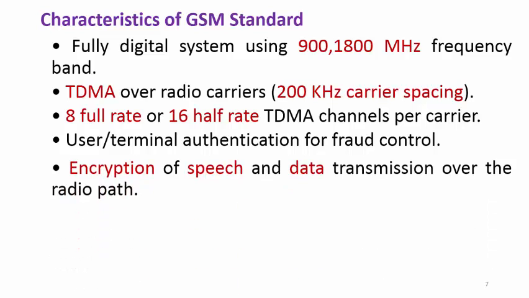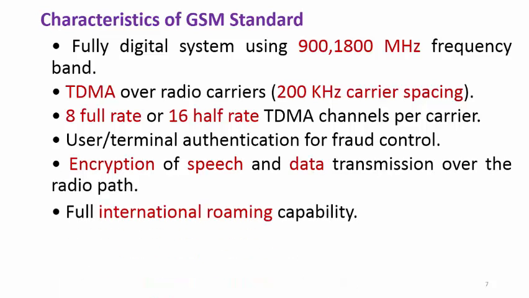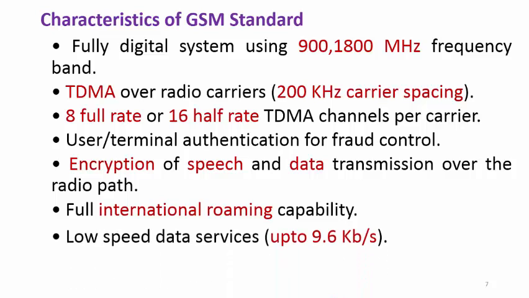User or terminal authentication for fraud control. This is an advantage of GSM. Encryption of speech and user data transmission over the radio path, so data and voice information security, we can say. Then full international roaming capability.